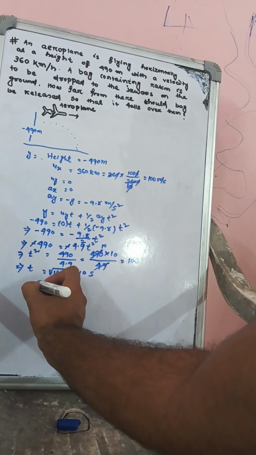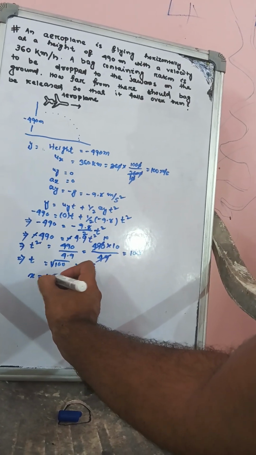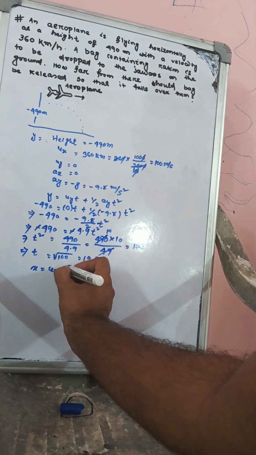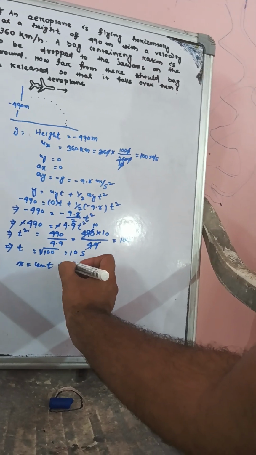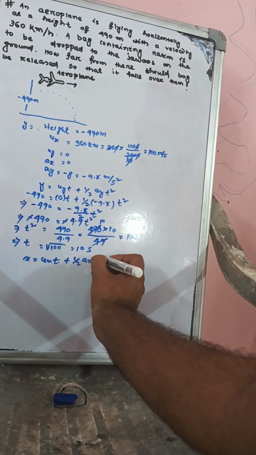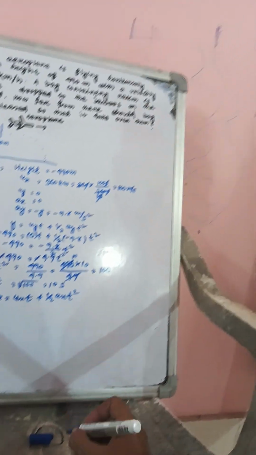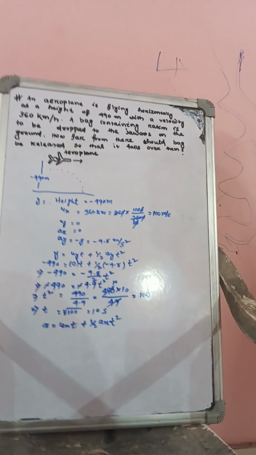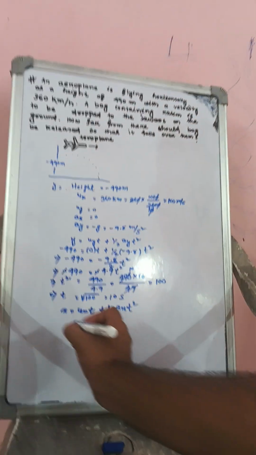Then we find the x. X is equal to ux t plus half ax t square. Range, horizontal range.